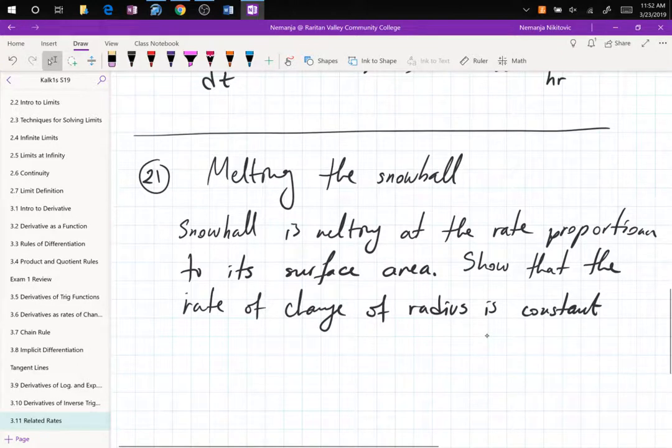Okay. They are mentioning surface area, and snowball melting means losing volume, right? So now, what do we have here?